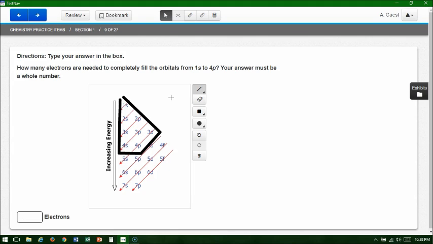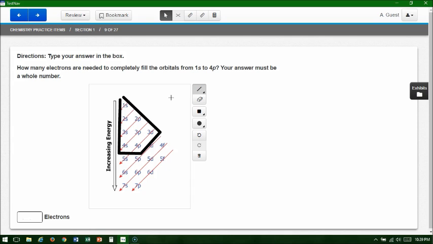We can count 2 electrons for every s orbital, 6 electrons for every p orbital, and 10 electrons for every d orbital. And these will be completely full.